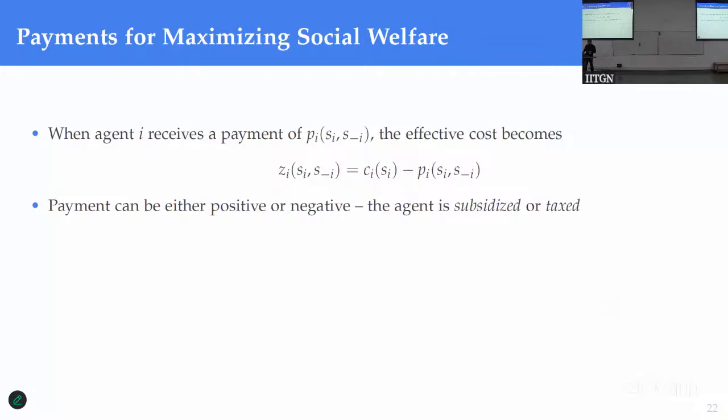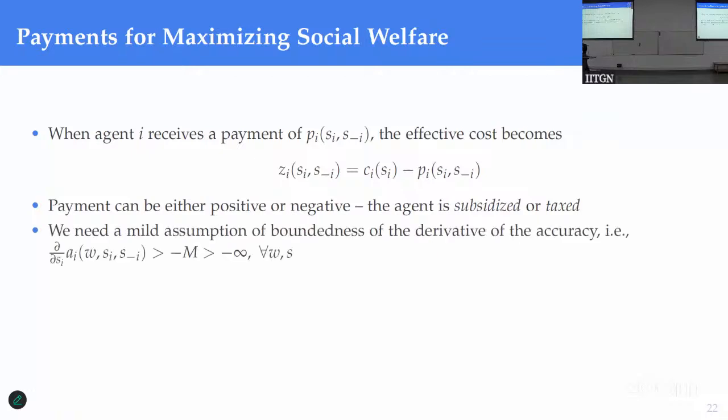You can imagine that agents who contribute very little data, we have a simulation result at the end, will be taxed, so they will be data consumers, and the agents who contribute a lot of data will be getting paid, so they will be subsidized.